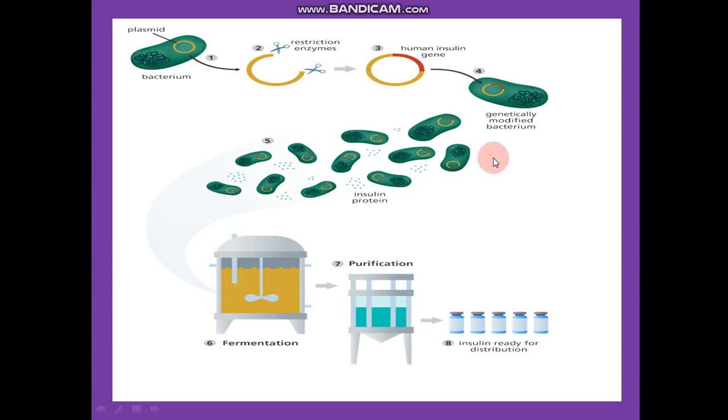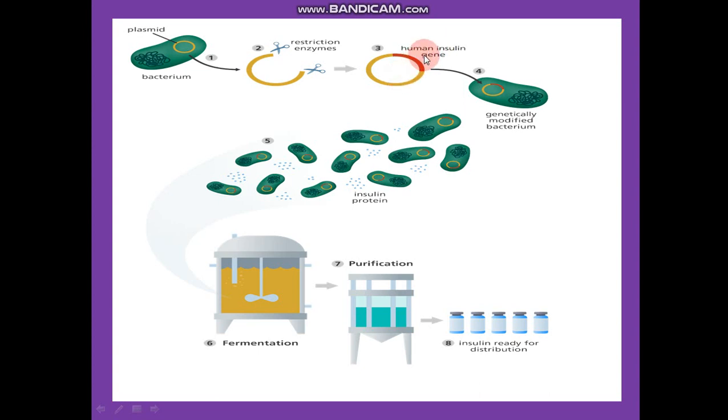In this whole experiment which I am showing you, it is basically for insulin production. Okay, so the gene of interest, the gene which we have incorporated, is of our interest. So this particular gene which we have incorporated in the plasmid of the bacterium is called the gene of interest or target DNA or DNA insert.